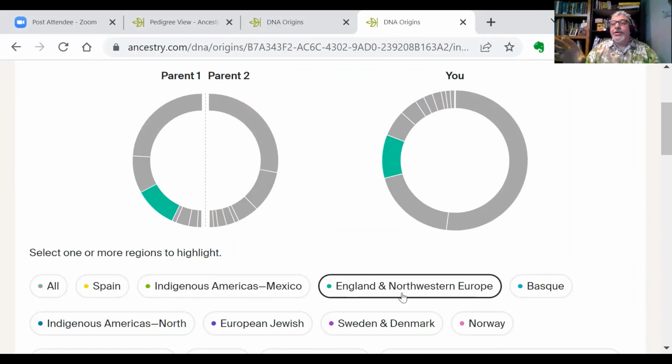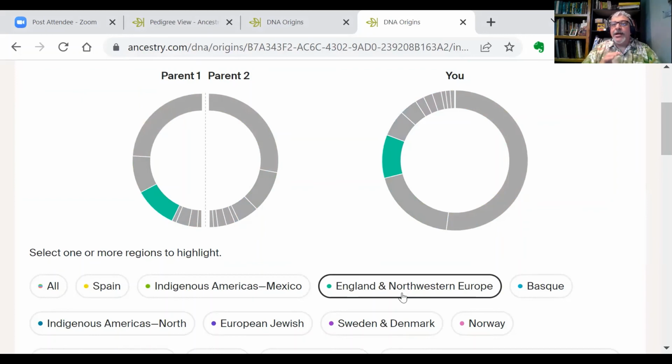Now I do have a lot of Bourguignons on there, and they're all over the place, so it's hard to do it. So pretty much I'm comparing this to my aunt's and her cousin's DNA, and they seem to have a lot of England and Northwestern Europe ancestry.